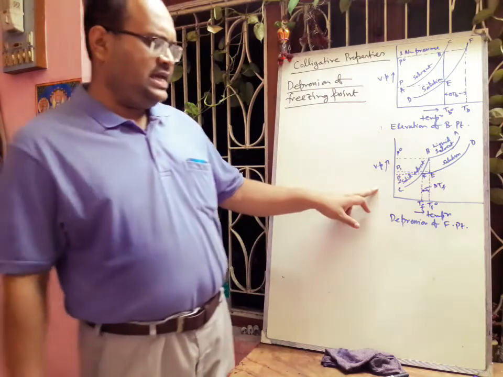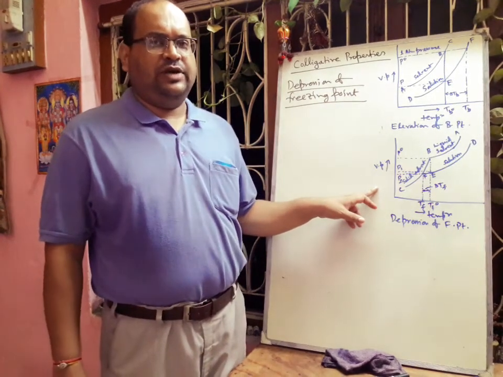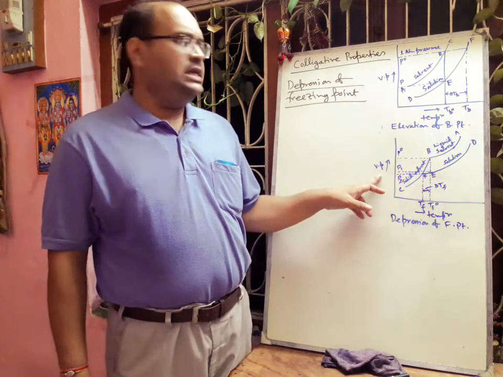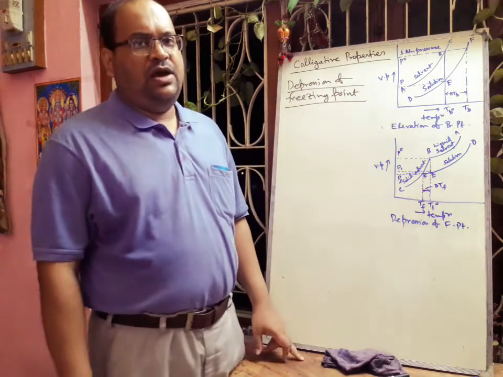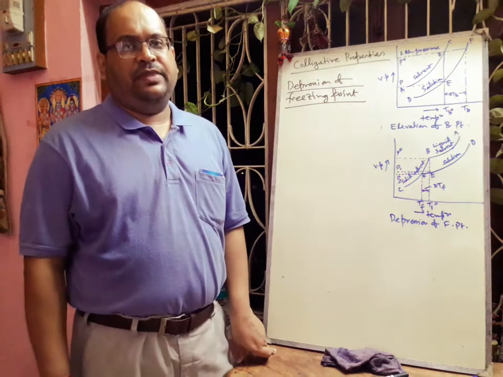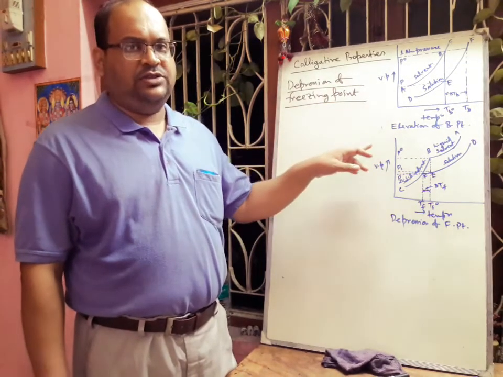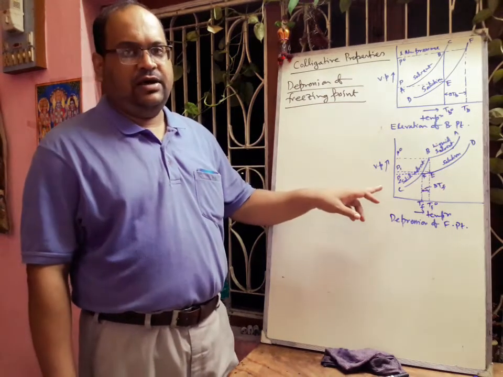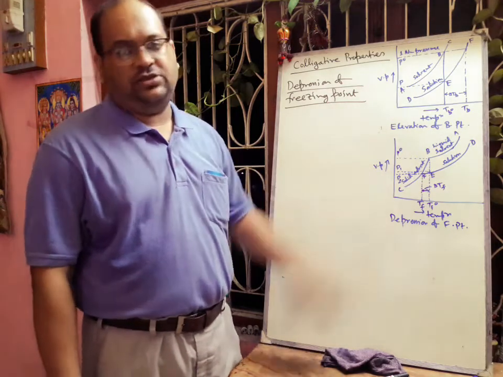Here one graph is there about the depression of freezing point. Here we have plotted the vapor pressure along the y-axis and the temperature on the x-axis. Now the curve AB is showing the vapor pressure of the liquid solvent, and the portion BC is showing the vapor pressure of the solid solvent.